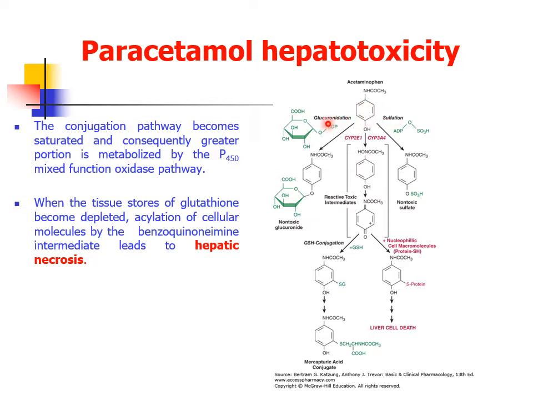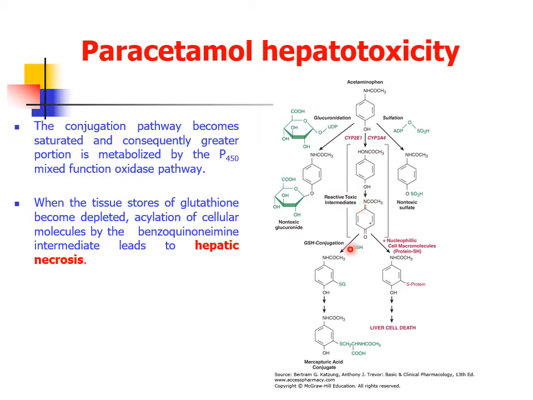In case of toxicity, with the extreme high concentration, the conjugation pathways become saturated. Now, paracetamol will be metabolized by the CYP or P450 mixed function oxidase pathway. So, this will be metabolized to a reactive toxic intermediate.